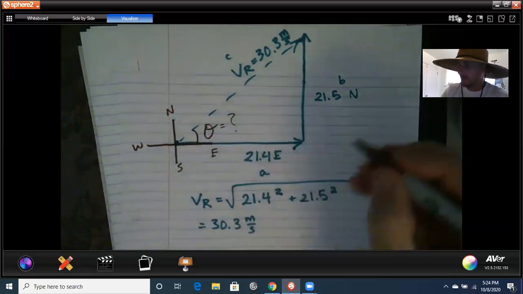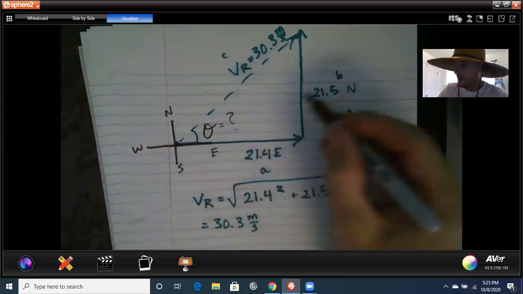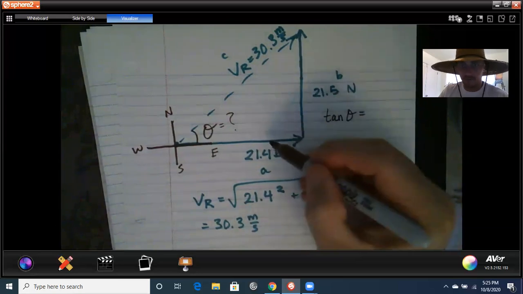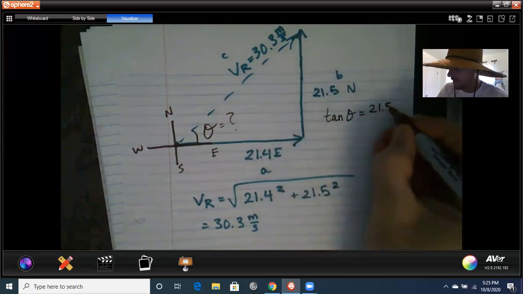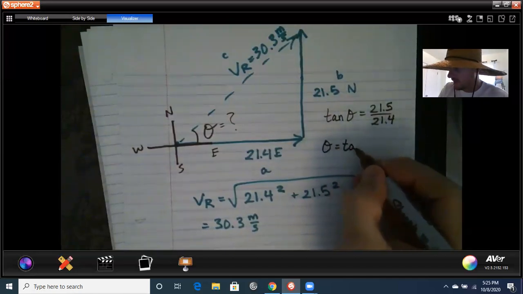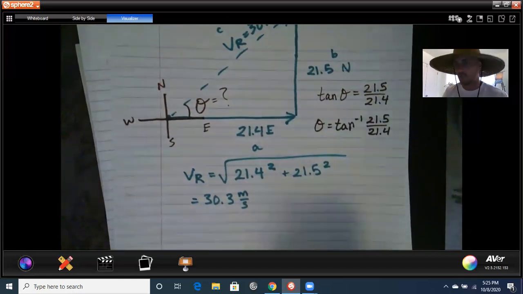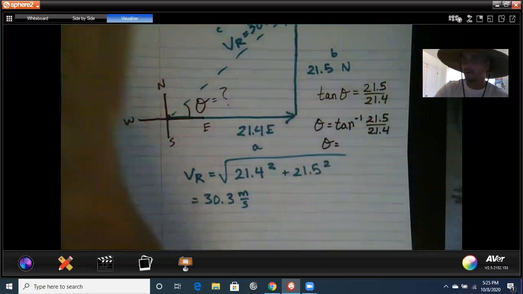By doing tangent of theta equals my opposite side, it's always opposite over adjacent, 21.5 over 21.4. Let's take the inverse tangent of both sides. Theta would be the inverse tangent of 21.5 divided by 21.4. And let's actually calculate it.